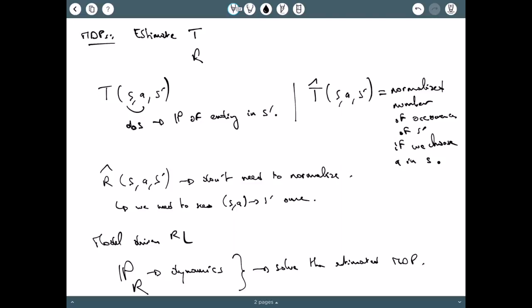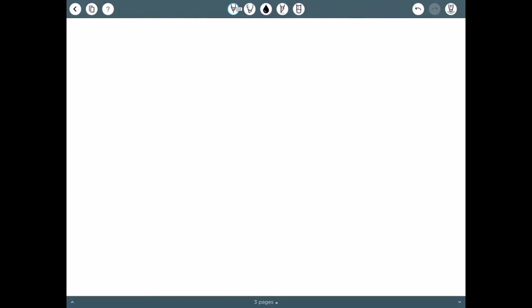So that's the first way to go, and in fact it turns out that we can do these two steps in just one. So now what we're going to do is we're going to try to consider directly our value function.